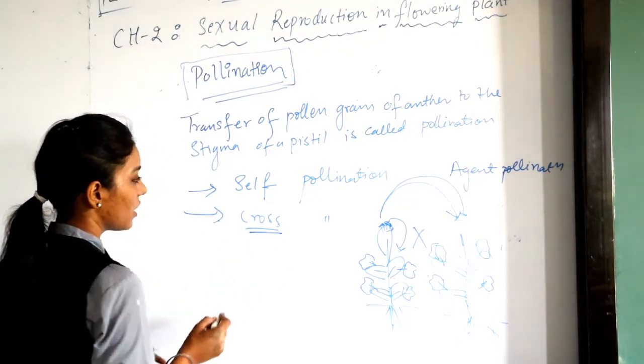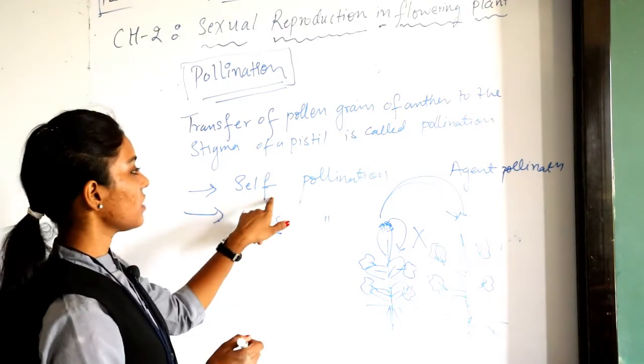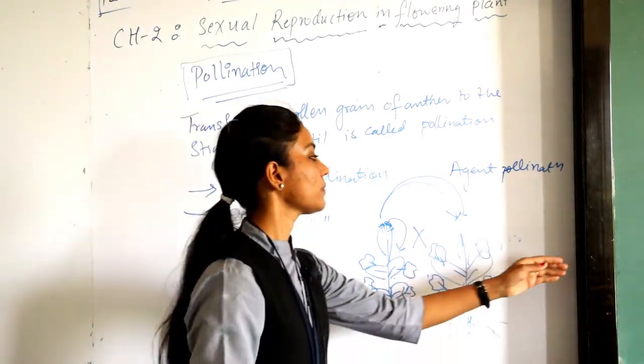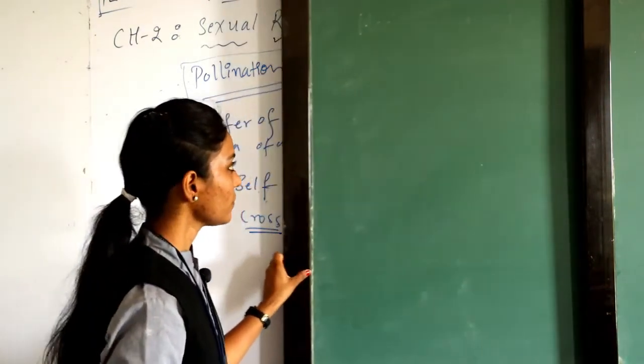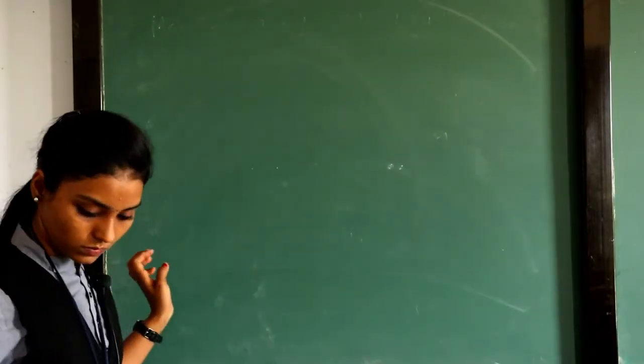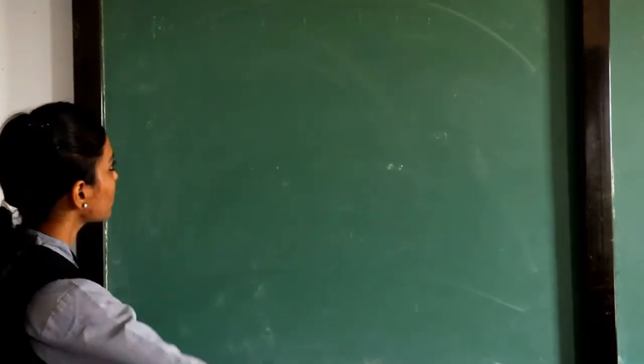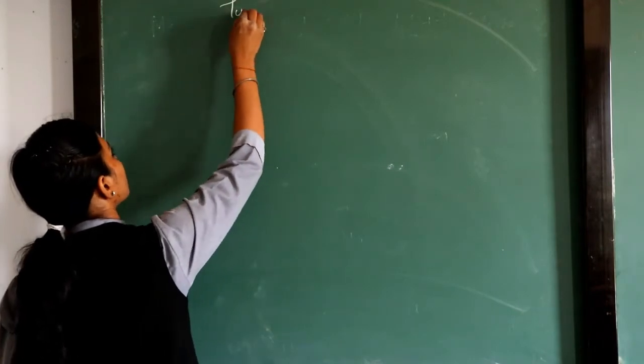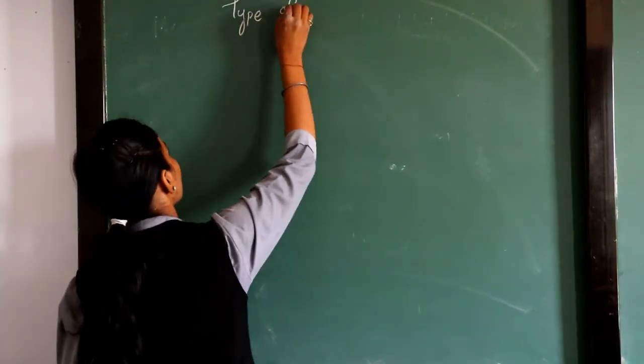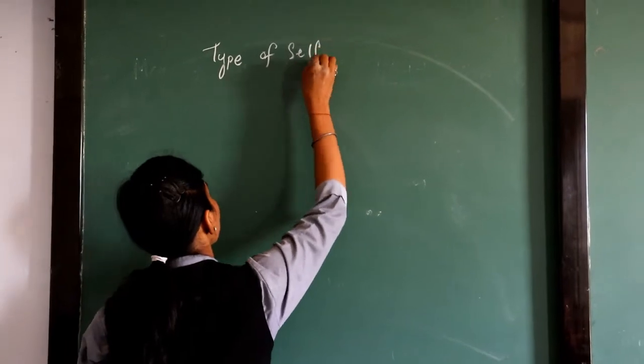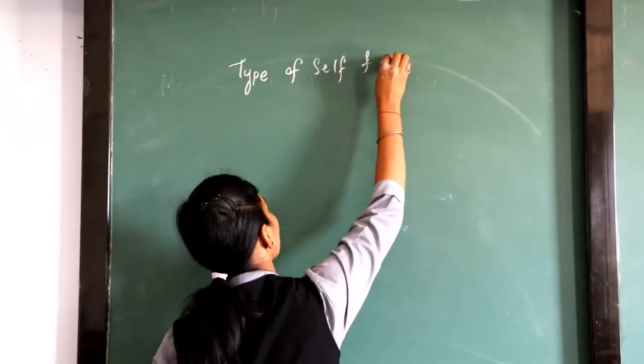Okay, now we will see the types. So in types of pollination, or you can say types of self and cross pollination, we'll see.